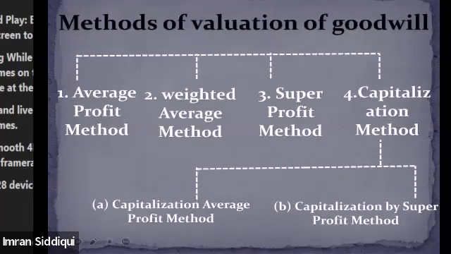So the formulas are very simple. I want all of you to quickly revise the formulas before attending the next class, because in the next class we'll be discussing the valuation of goodwill. If you revise the entire formula before attending the next class, we'll easily be able to finish this topic in the next session.